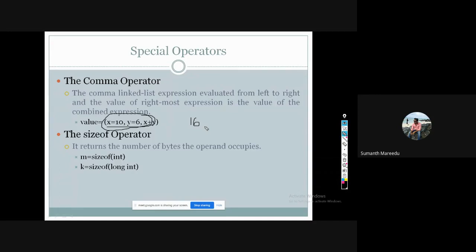What is the leftmost here? x is equal to 10. It moves towards the right. Next, y is assigned 6. Already x and y values are assigned, so now it will do the operation x plus y.